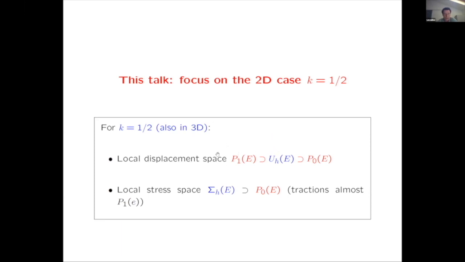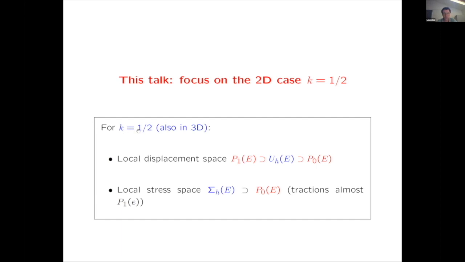So as I've already told you, we have a three-dimensional version out of it, and this lowest order case is made up by a choice for which the displacements are in between the piecewise constant functions and piecewise linear functions.